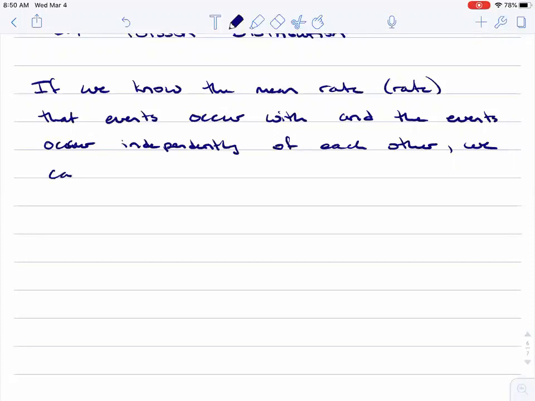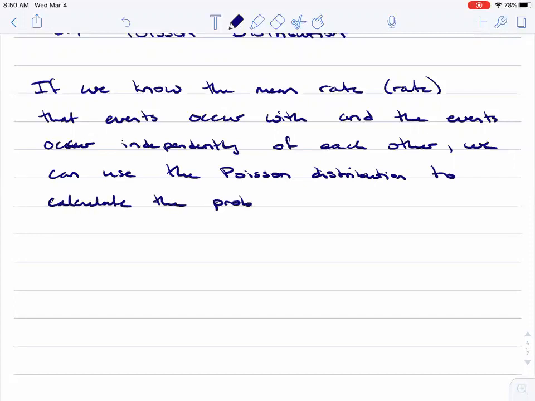we can use the Poisson distribution to find the probability of observing k events. So we can use the Poisson distribution to calculate the probability of k events, or I should say of observing k events.